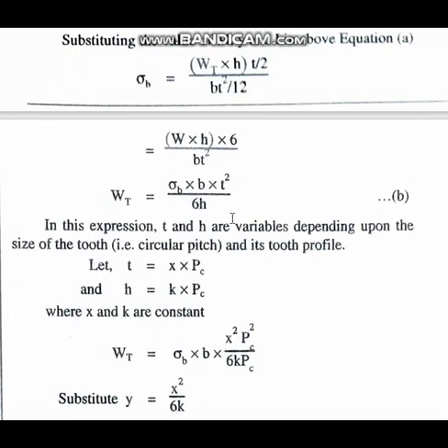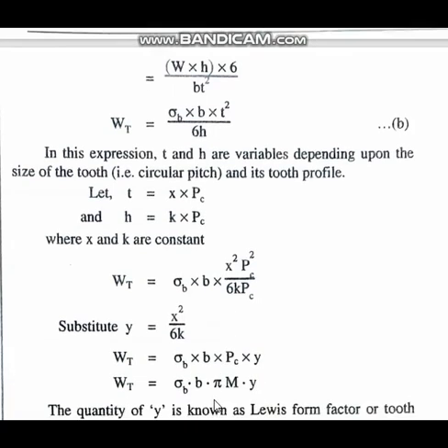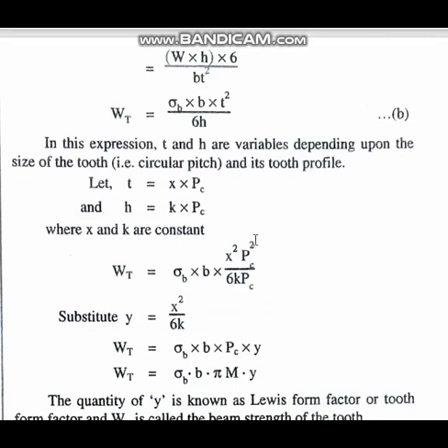So instead of t square, we will put x into pc whole square, or x square into pc square, upon 6h, where h is k into pc, so 6h becomes 6k pc. So now this factor, one pc gets cancelled, only one pc will remain.